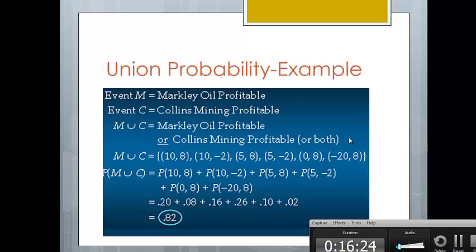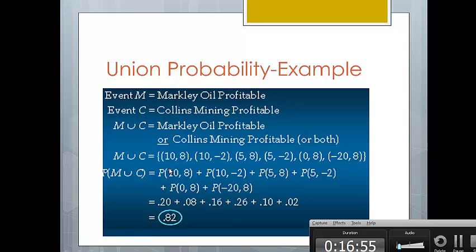So let's look at a union example here with our Markley Oil and Collins Mining. The probability of the union of Markley Oil being profitable and/or Collins Mining being profitable is going to be that union symbol there. So this is going to include all of the events where Collins Mining is profitable, where Markley Oil is profitable, or where both of them are profitable.